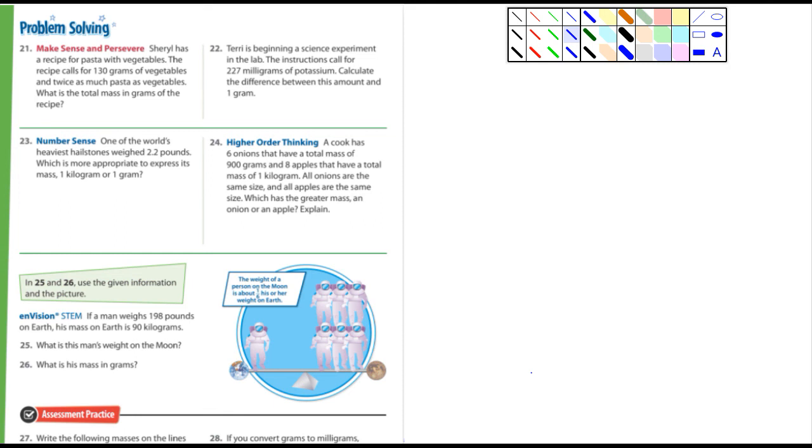That's 1,000. So if we're talking about difference, what did I tell you guys in the beginning of the year? Difference, we're talking about subtracting. So you're going to subtract 227 from 1,000, and that'll tell you the difference for number 22.